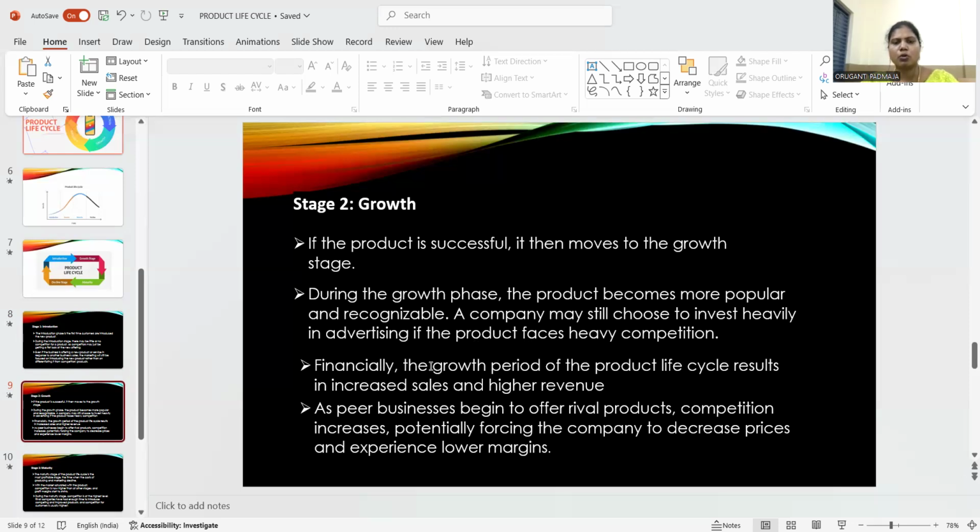The growth period results in increased sales and higher revenues. As other businesses begin to offer rival products, competition increases, potentially forcing the company to decrease prices and experience lower margins.